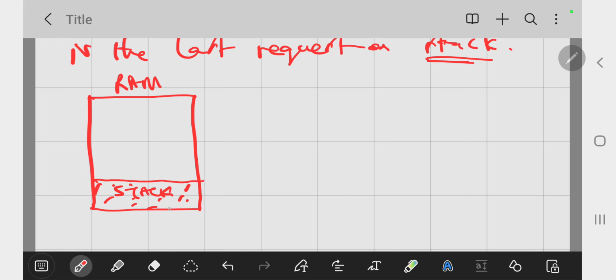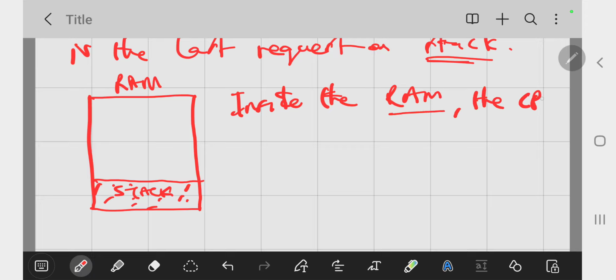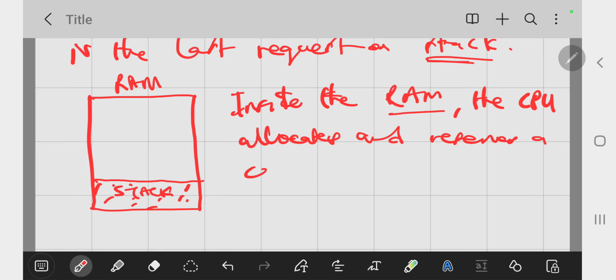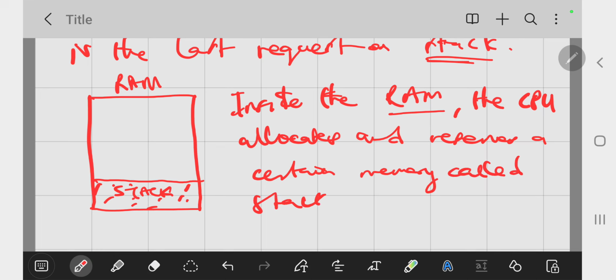But then this stack, basically, what you need to know is that inside the RAM, the CPU allocates and reserves a certain memory called stack.